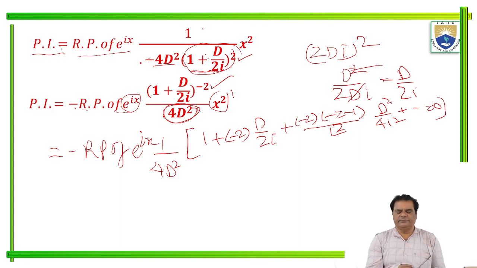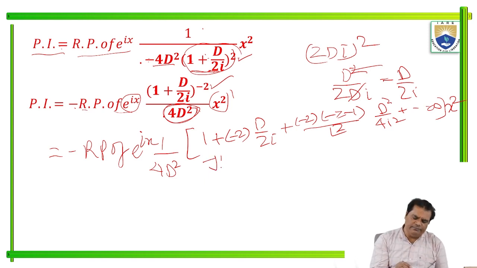This is opened, and here is the x square function. Same formula, this is the binomial formula.